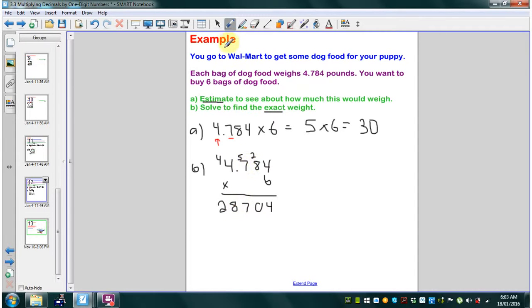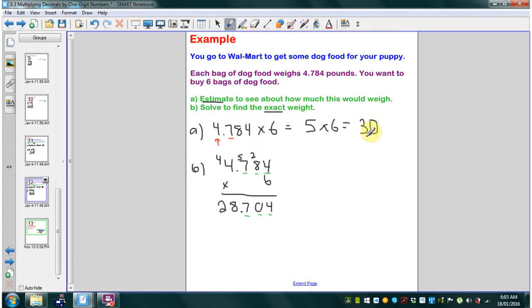If you're working with a decimal, always go back and put your decimal in your answer. Your decimal should be 3 place values in. So we need 3 place values here. 1, 2, 3. So our decimal point will be here. So 6 bags of dog food at this weight would weigh 28.704 pounds exactly, which is close to 30. 28 is close to 30.